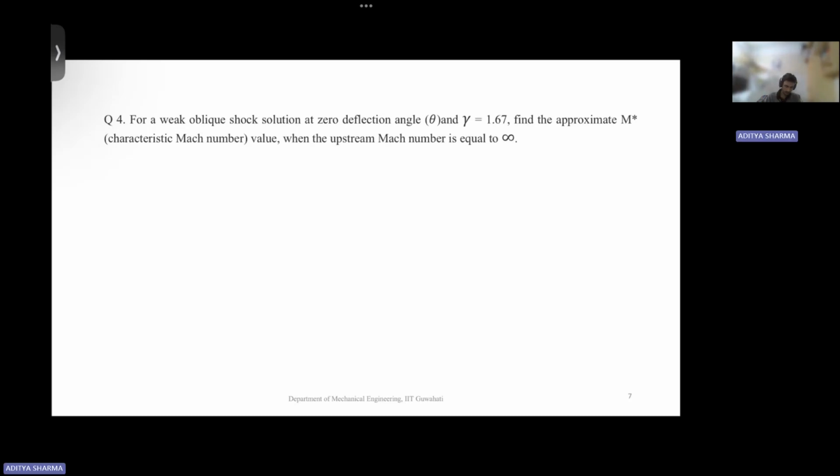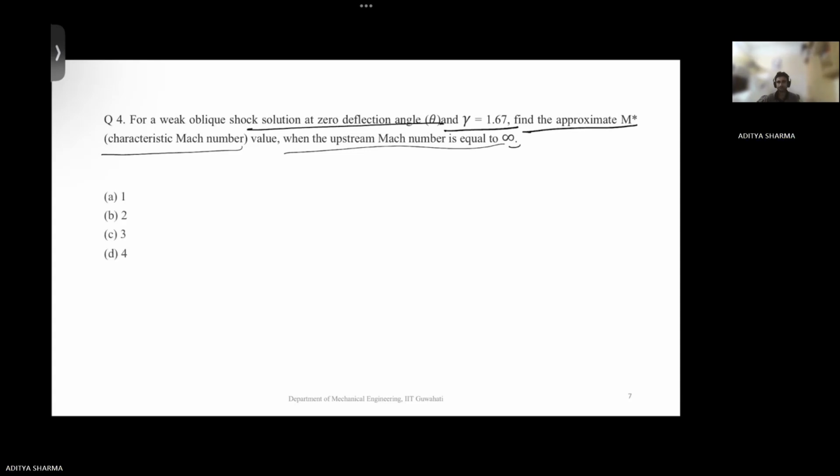For a weak oblique shock at zero deflection angle, gamma equals 1.67. Find the characteristic Mach number value when the upstream Mach number is infinity. So this we have to find out. Four options have been given to us. So how can we do this?